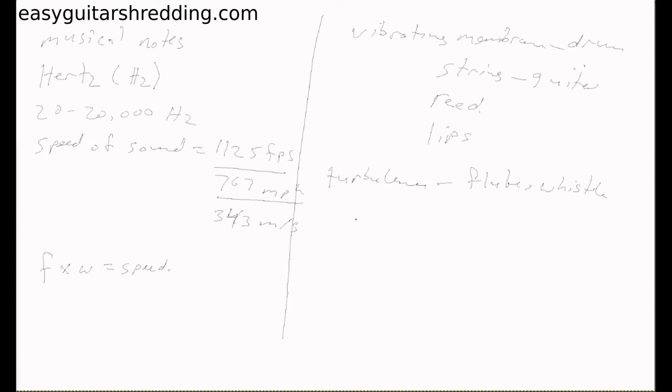We'll use a string as our example. A string vibrates in different modes, which are called harmonics. The first harmonic is the fundamental tone and is visualized as the string vibrating simply as a single unit. So, fundamental tone looks like this.